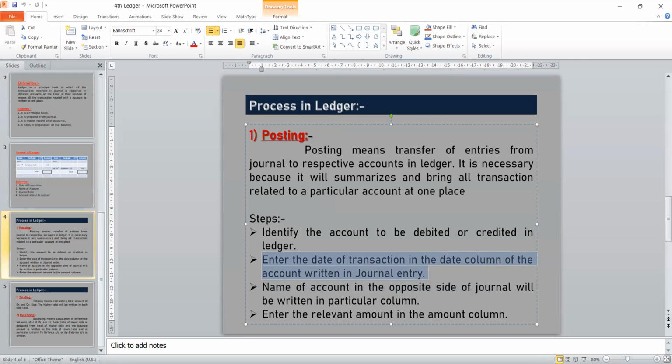So all the accounts that we have opened in the journal are transferred to the ledger, and the transactions we post in the ledger start with posting the date of transaction. So whatever the transaction date is, we have to write it in the ledger also.